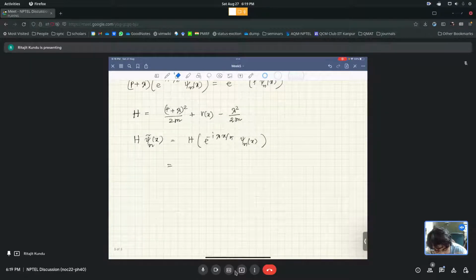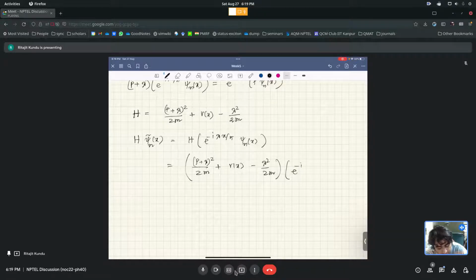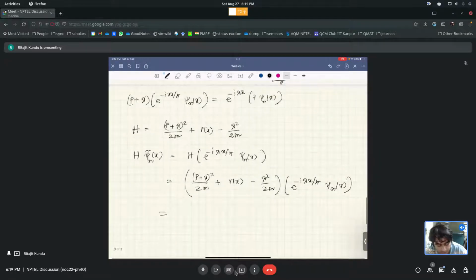So H has this p plus lambda whole square by 2m term, plus V of x, minus lambda square by 2m. Now you act this on e to the power minus i lambda x by h bar psi n of x. As I showed you before, p plus lambda acting gives you just e to the minus i lambda x, and then you get a p square by 2m.